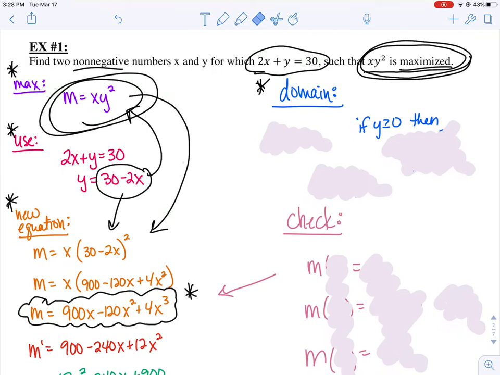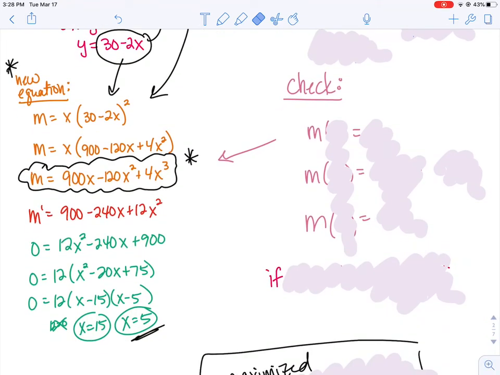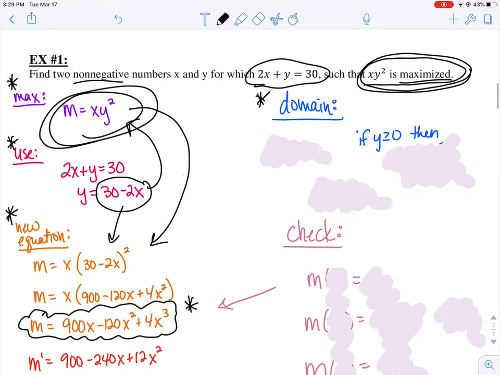My endpoints, right? So really what we should be doing is going back to this domain piece and figuring out what numbers can be my very lowest x and what number could be my very highest x, right? Because that's what I solve for down here.